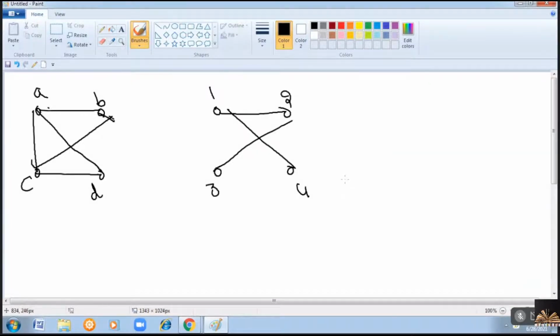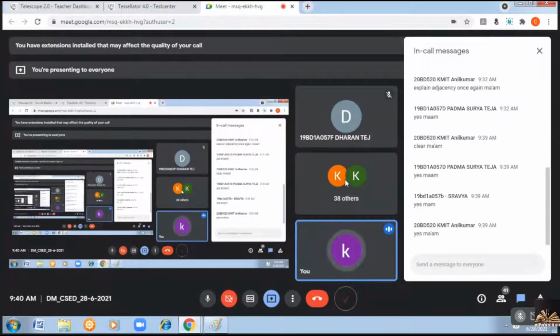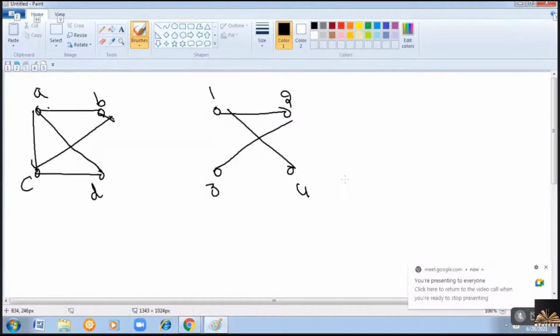Can you tell me whether these two graphs are isomorphic or not? Are the given graphs isomorphic? Yes. How? Check whether all the conditions were satisfied or not. Are these two graphs isomorphic or not?